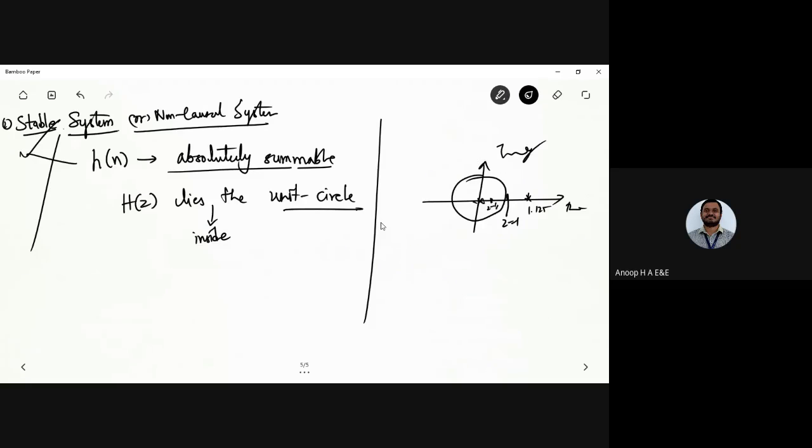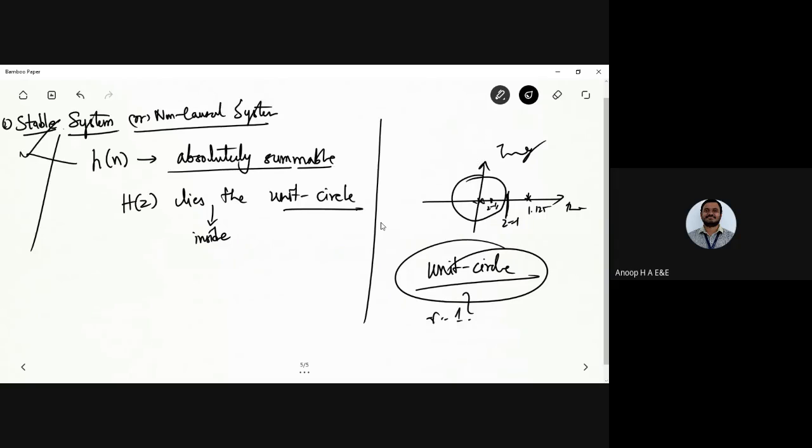So when I say unit circle, what do you mean by unit circle in the z plane? Can anyone let me know? The unit circle is where the radius of the circle is equal to 1 unit.